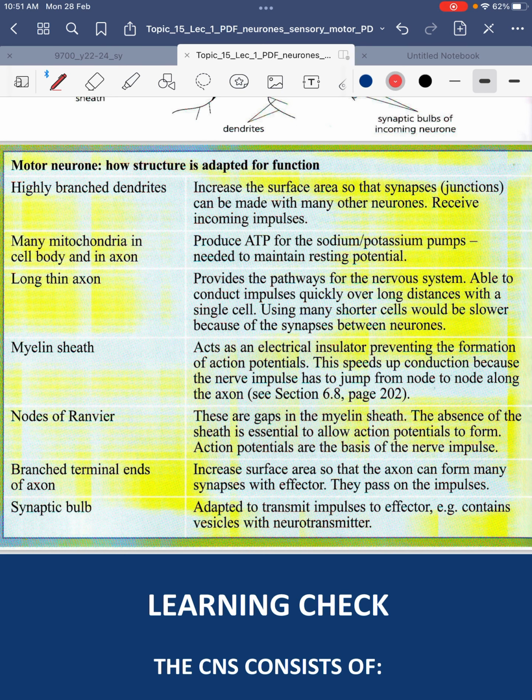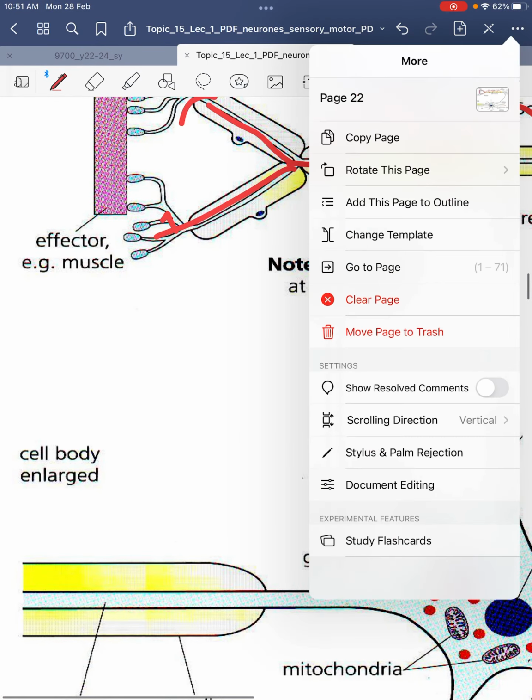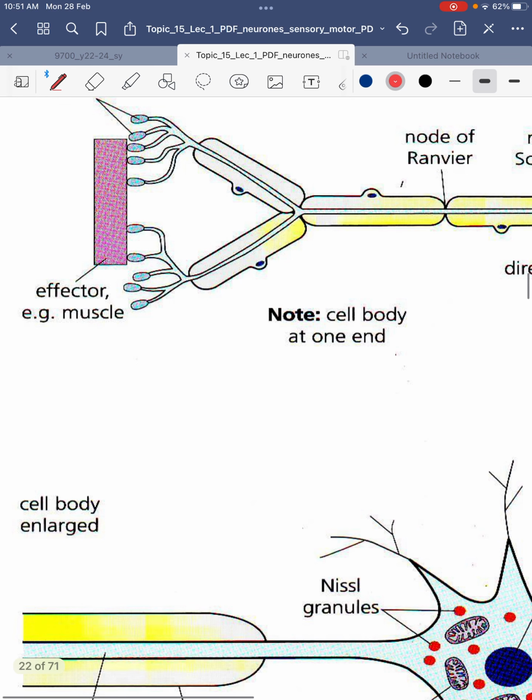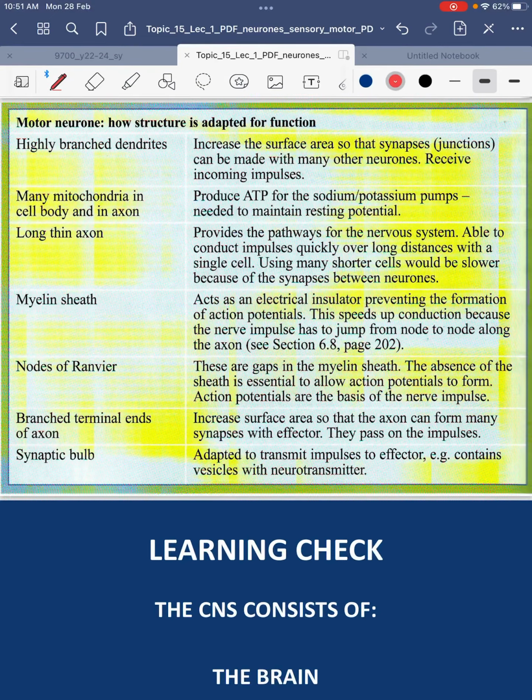Branched terminal ends of axon, meaning it's just the terminal end. You see here, it has many branches, so that also increases surface area to form synapse with the effector.